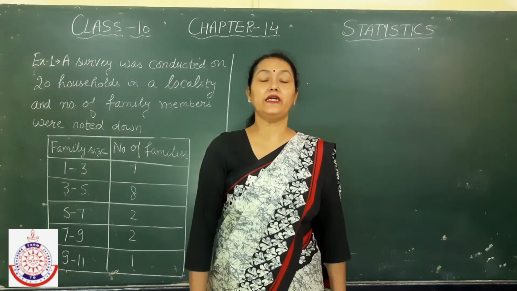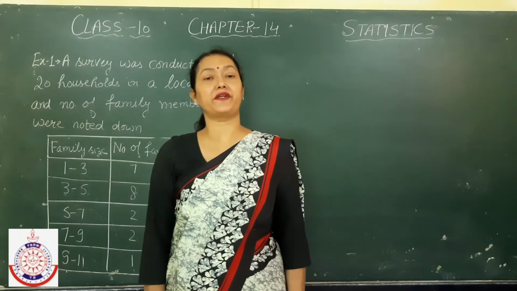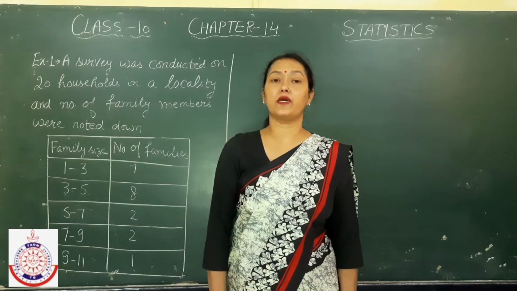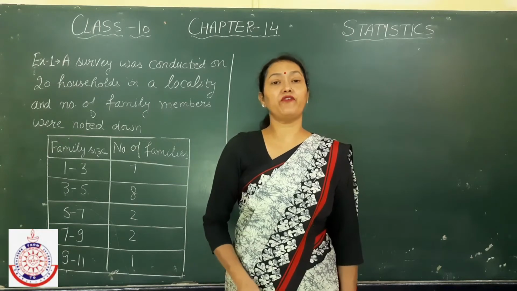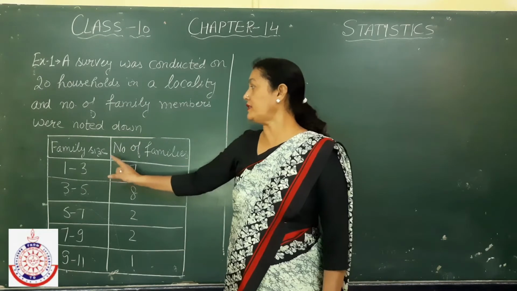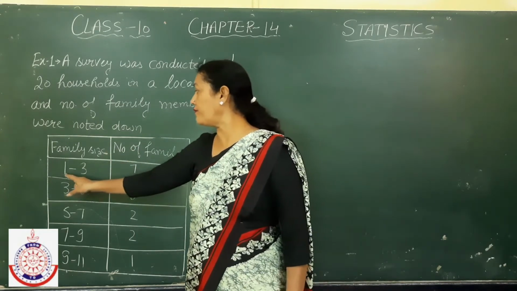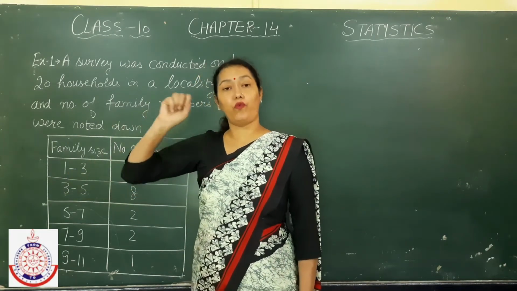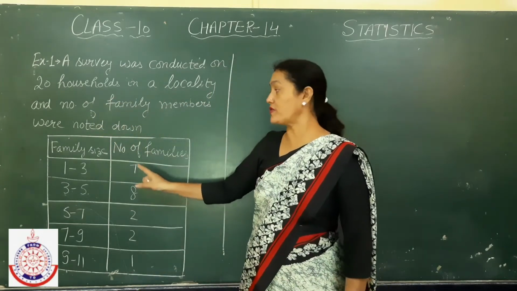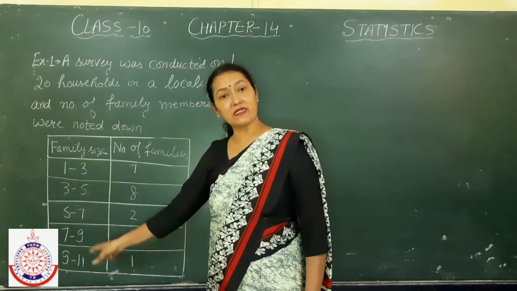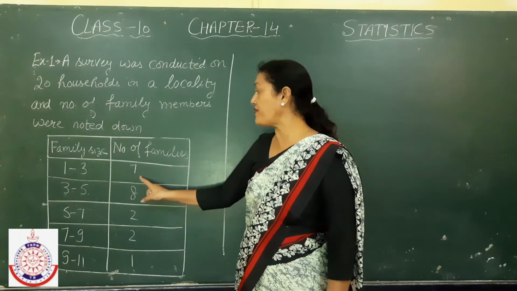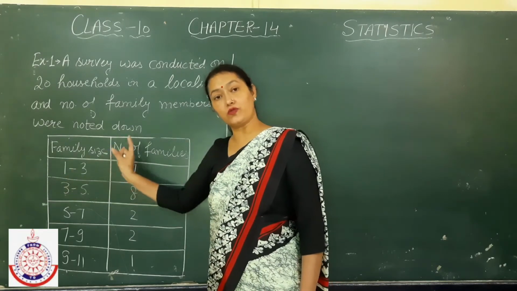In the example I have taken, a survey was conducted for 20 households in a locality, and the number of family members was noted down. It was observed that 7 families have 1 to 3 members. This is family size, how many members are there, and this is the number of families, meaning frequency.